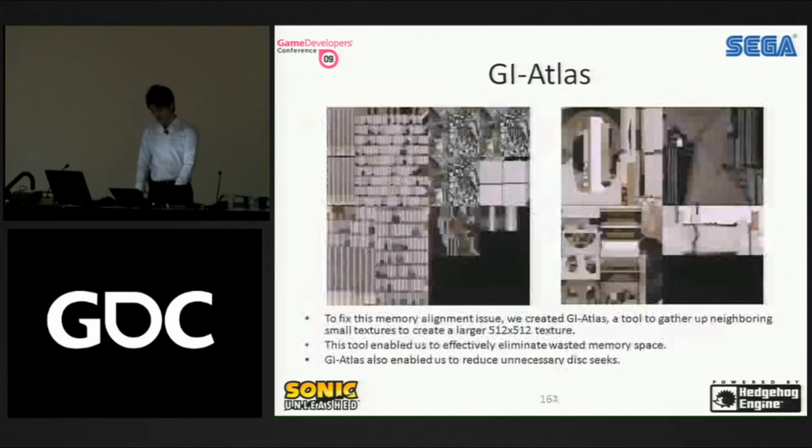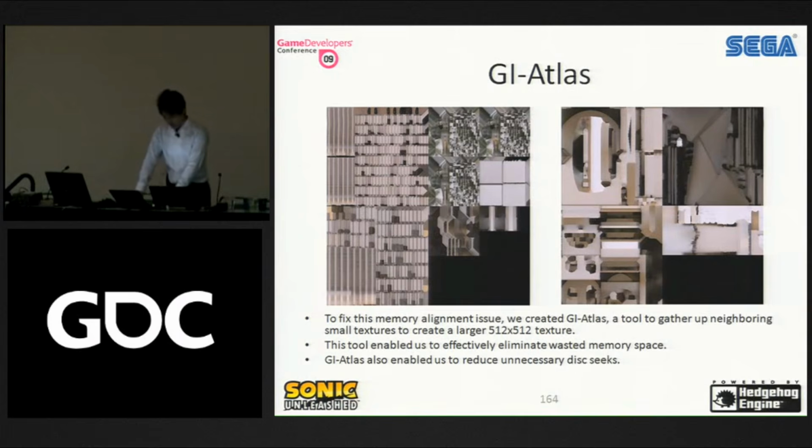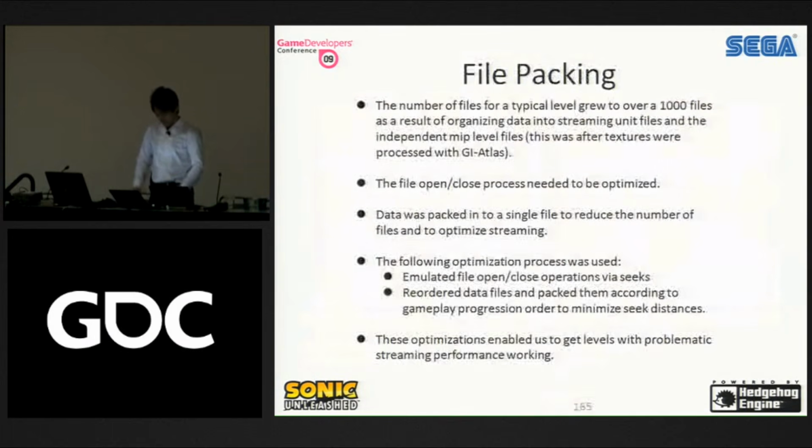With the mid-level file partitioning, we have so many files, and then we waste a lot of memory space. In order to deal with it, we collect small files and then consolidate them to reduce memory consumption. Also, we reduce the wasteful seek time to the disk.